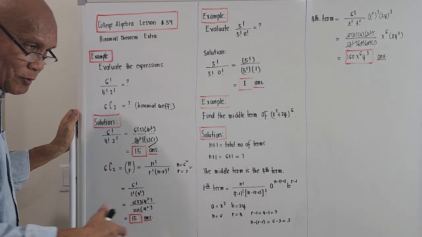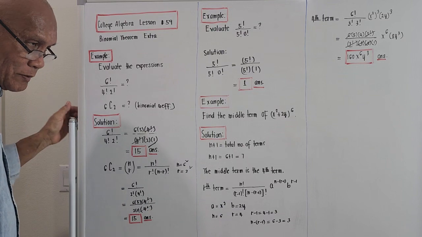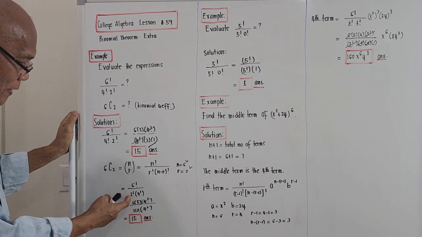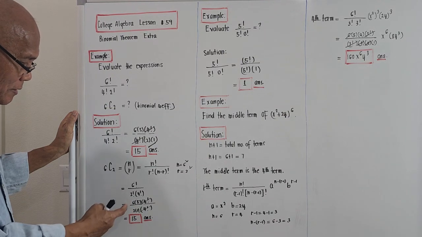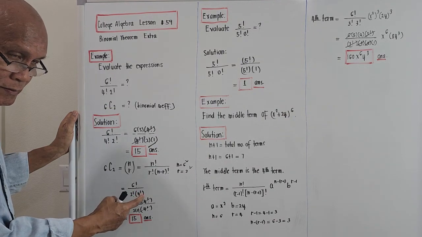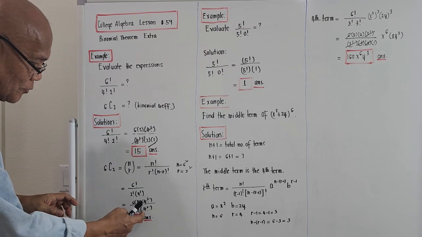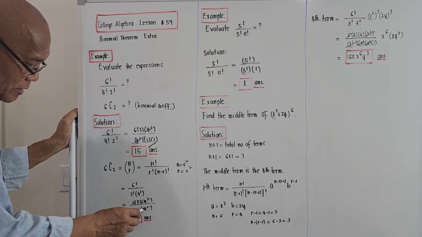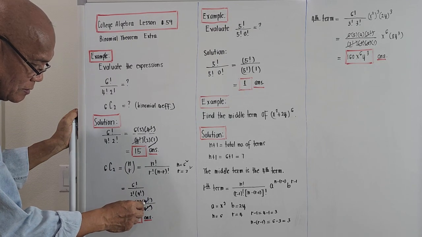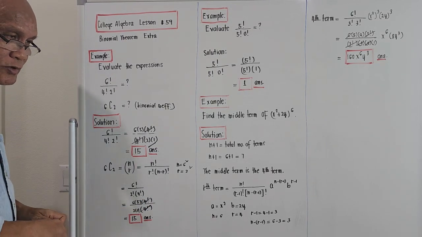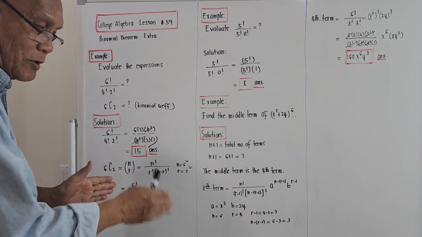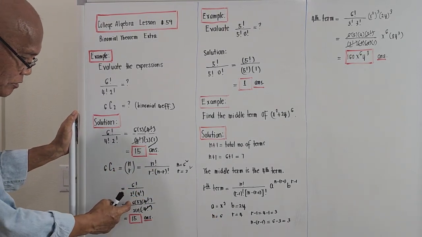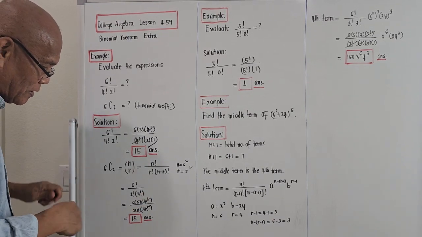It doesn't matter if you want it expanded, no problem. The bottom portion will be 2 factorial, 2 times 1, then 4 factorial. Just the same as in the first solution, this 4 factorial cancels with this. We can cancel because the operations on both the numerator and denominator are all multiplications. So 6 times 5 over 2, the answer will be 15.